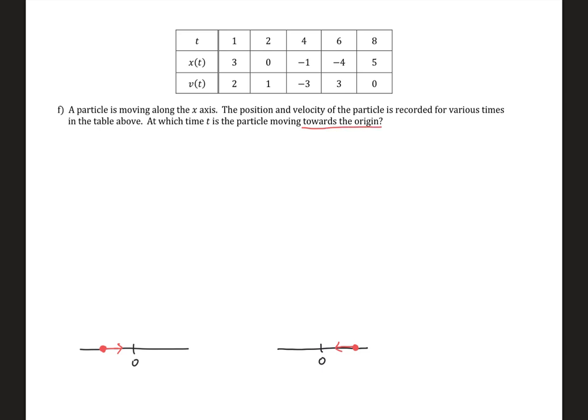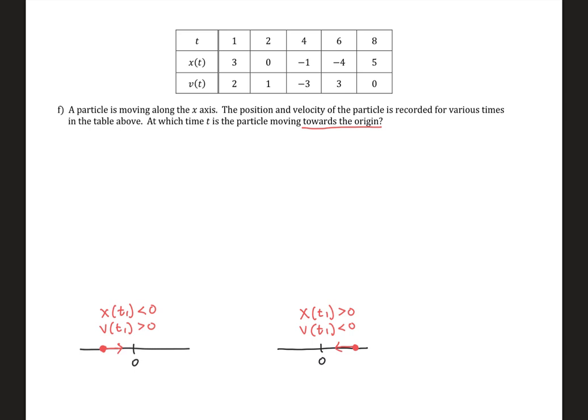Look at the situation on the left. It's a particle whose position, at some time, I'll say t1, is negative. That's why it's to the left of 0. But the velocity is positive. That's why it's going to the right. So that's one scenario of towards the origin. The other scenario is that the position of the particle at some point in time is positive, to the right of the origin, and the velocity at that same point in time is negative.